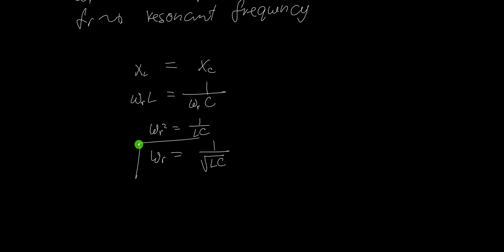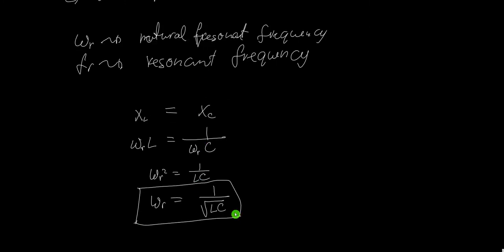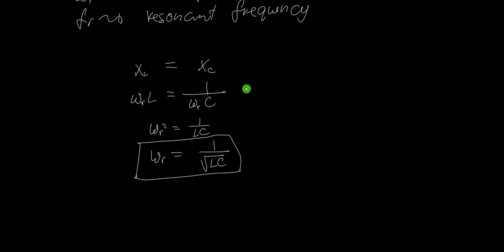This is the natural resonant frequency. If you want the actual frequency F, call it FR. Some books name it FO. This will be equal to 1 over 2 pi square root of LC, because omega is equal to 2 pi times F.